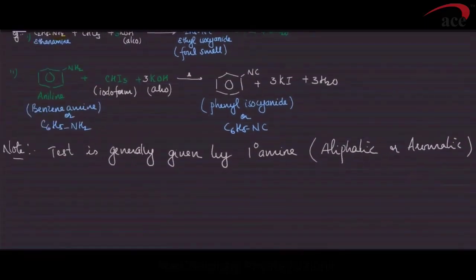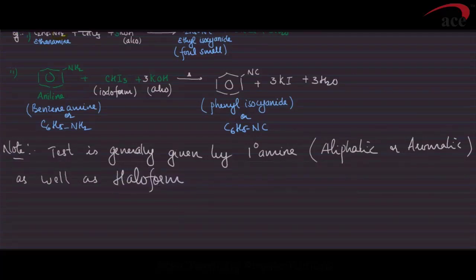It is also given by the trihalogen derivatives of methane, what you call in general haloform. Haloform is nothing but CHX3. So the test is given by primary amines, aliphatic or aromatic, as well as by the haloform reaction.